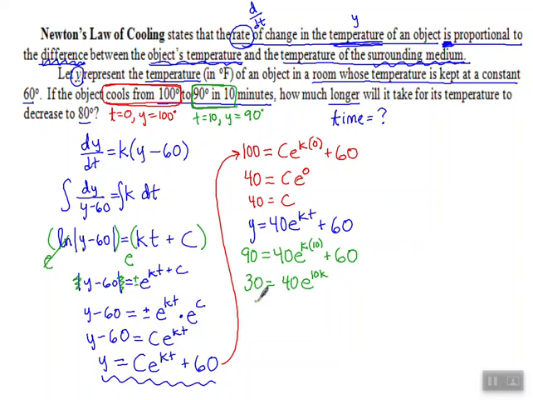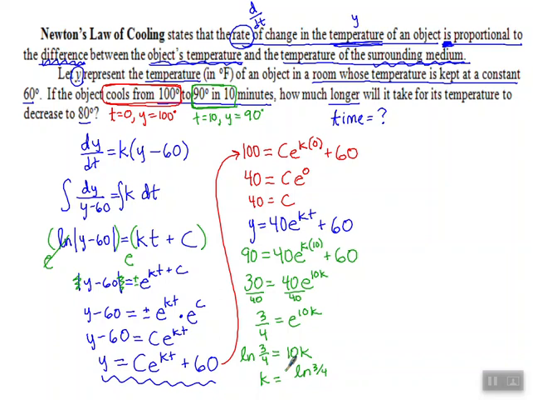Divide both sides by 40, so 3/4 equals e to the 10k. To make the e go away, I'll take the natural log of both sides. Natural log of 3/4 equals natural log of e to the 10k, which makes 10k. Then getting k by itself, dividing by 10: natural log of 3/4 divided by 10.